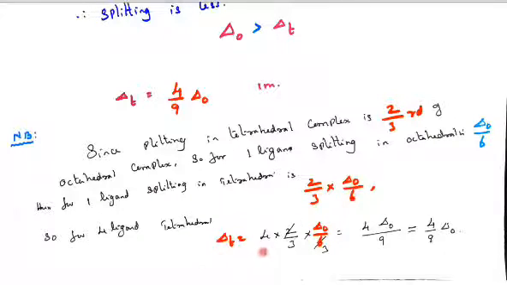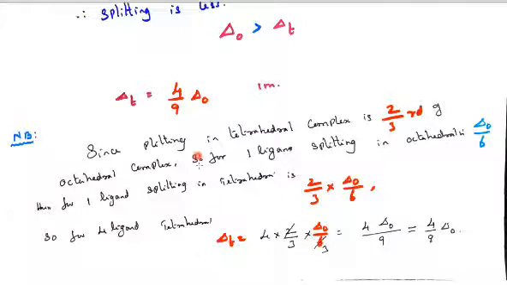So what is delta T equal to? This is for one ligand, and for 4 ligands in tetrahedral it is 4 into 2 by 3 into delta naught by 6. 2 into 6, 3 times, so 3 into 3 is 9. So 4 delta naught in the numerator, 9 in the denominator. So the value is 4 by 9 delta naught.